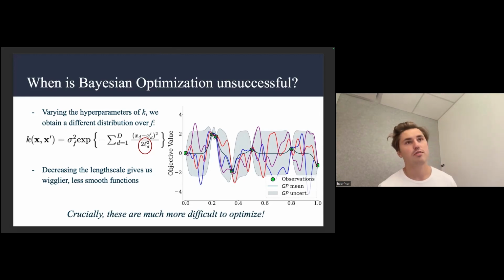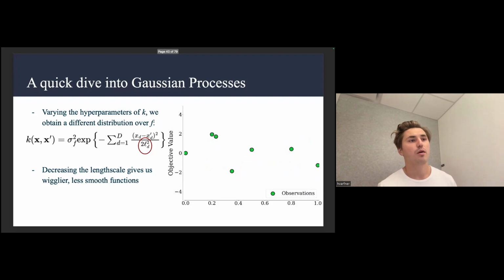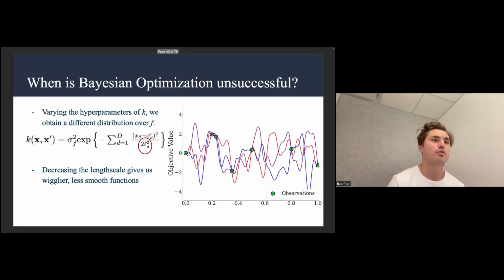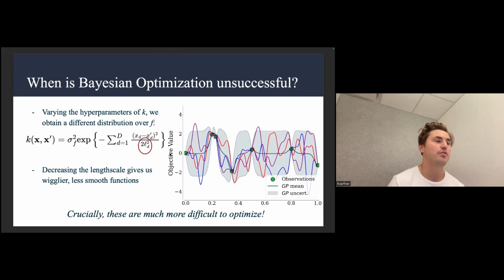Notably, any of these three are way more complex than any of these three. So what exactly is it that determines which type of smoothness we should have in our model? We'll get to that in a bit, but first we'll connect this type of observation to what exactly constitutes difficulty in a BO problem.